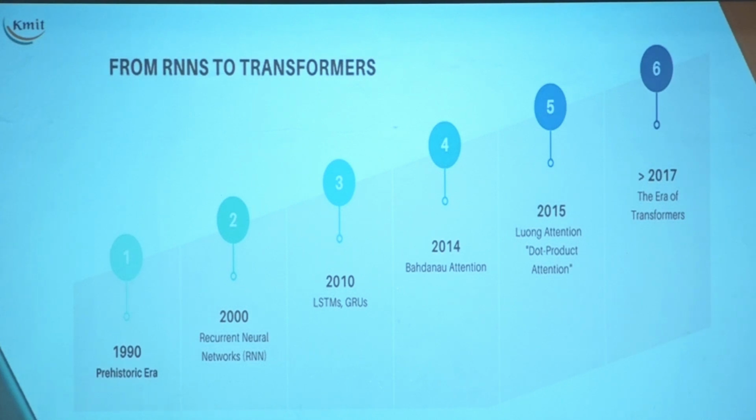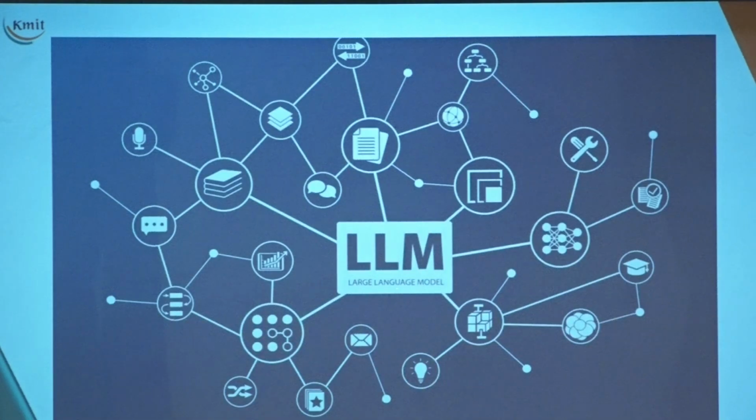We again have so many variations of transformers. For example, ChatGPT uses one type of transformer architecture, BART uses another. There are so many transformer-based architectures with which different models have been developed. All that we will cover in today's session. So let's talk about LLMs first.